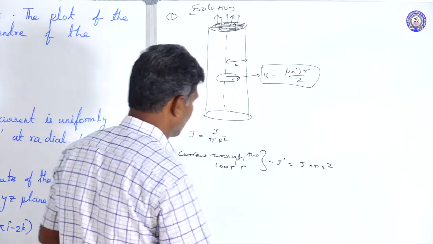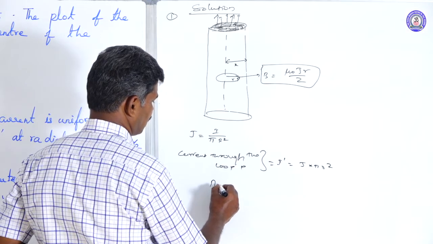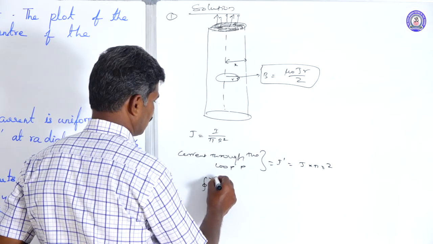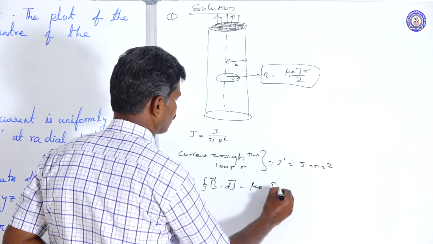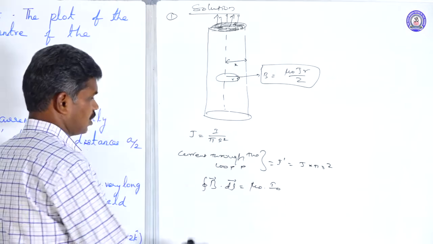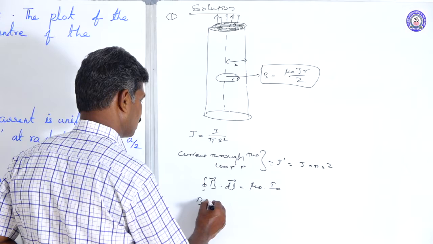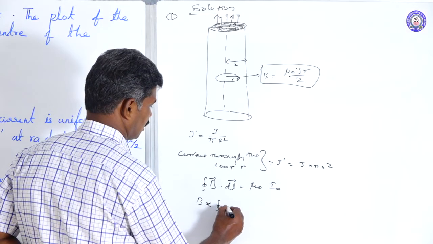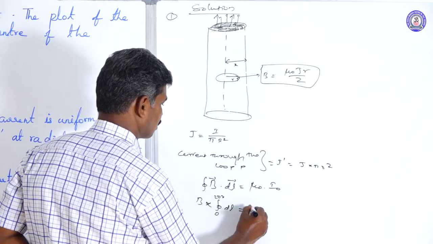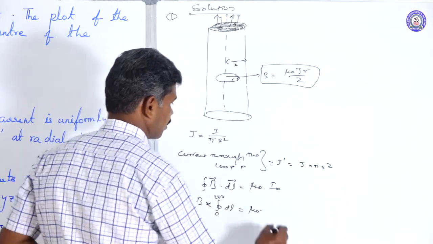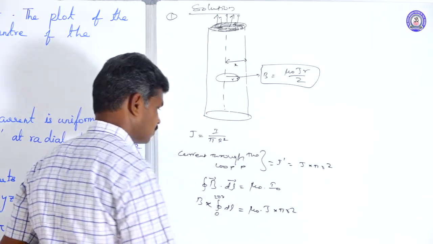Then if you substitute in Ampere's circuital law, the closed line integral of B vector dot dl vector is equal to mu naught into I. There B is constant, so it is taken out: B into closed integral dl, that is 2 pi r, equal to mu naught into J into pi r square.